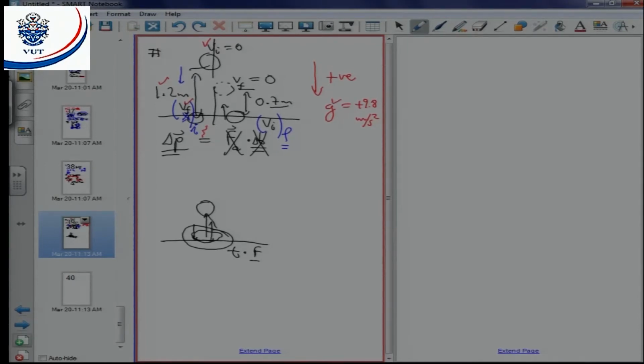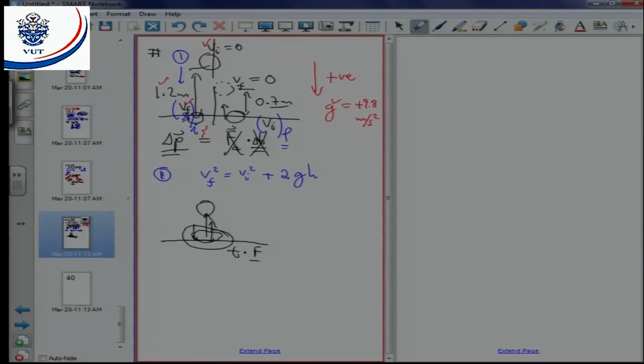There's no t, so the equation of motion that we use is Vf squared equals Vi squared plus 2gh.